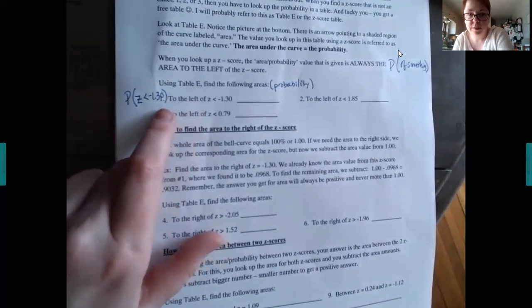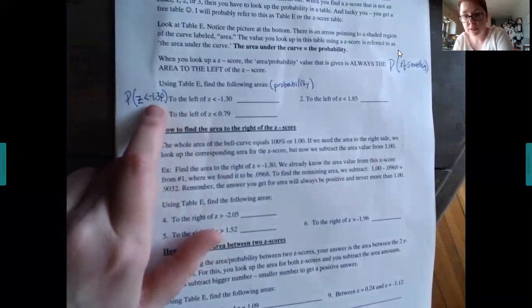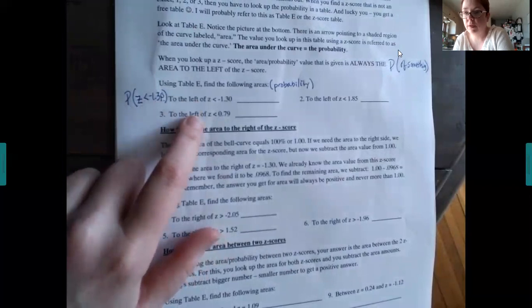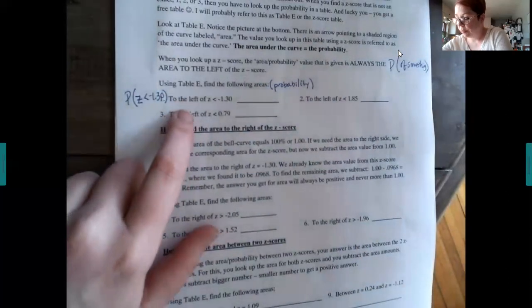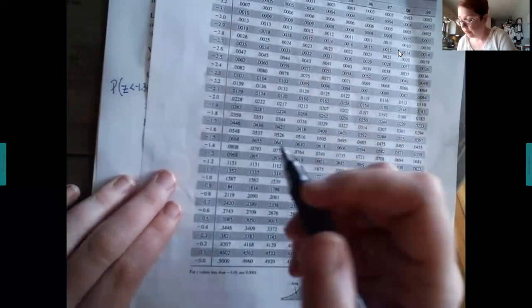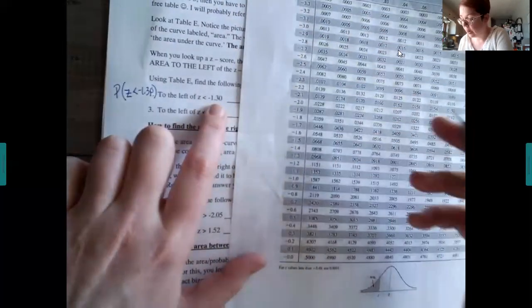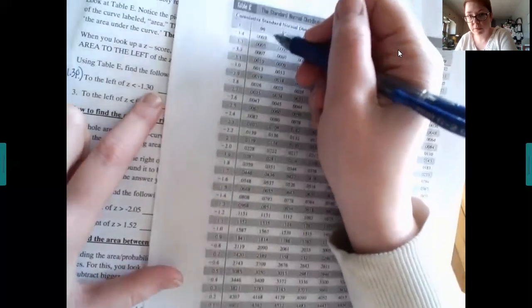We're going to look up this z-score of negative 1.3. Less than means to the left, just like if you think about algebra and you're on a number line. So we're going to look up negative 1.30 on Table E. Again, the first two numbers come from this left-hand column, and the second number comes from up here.